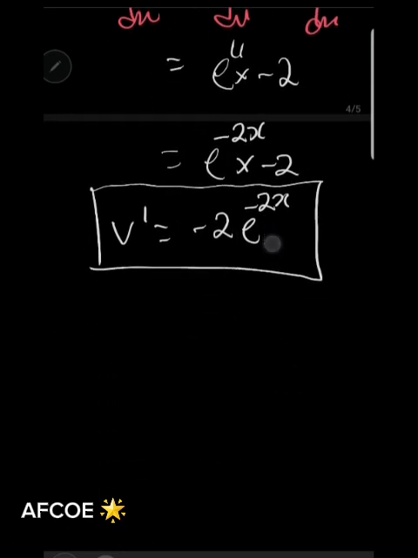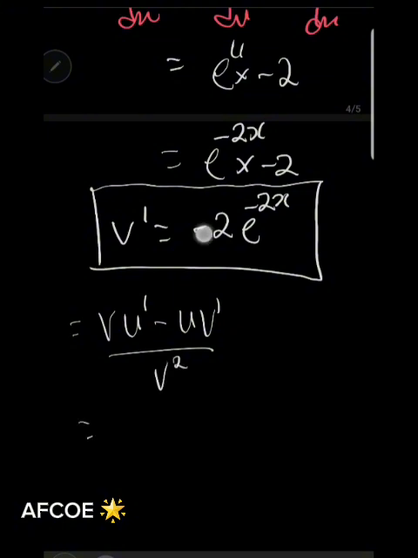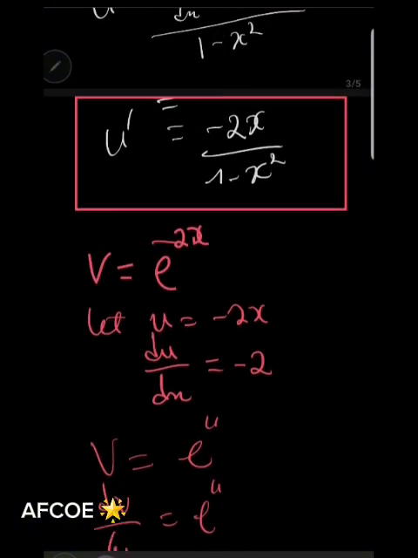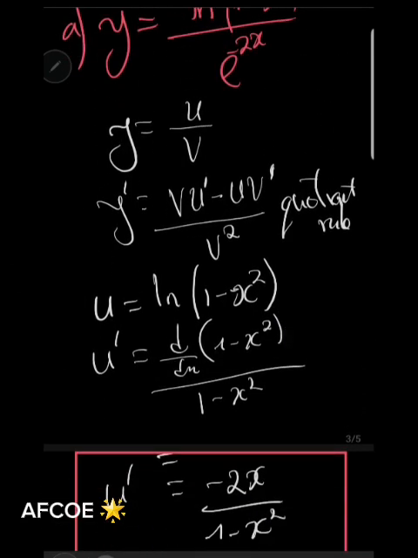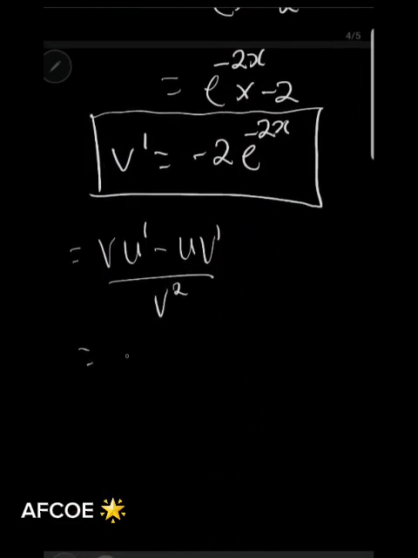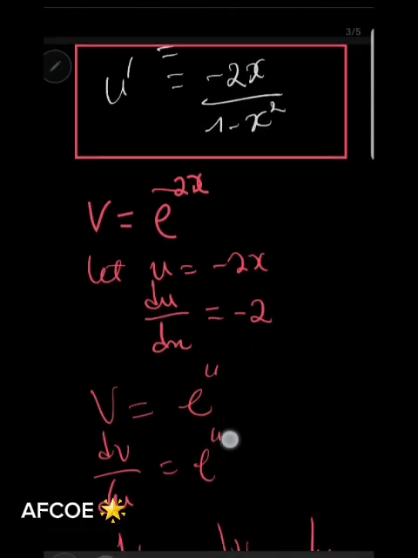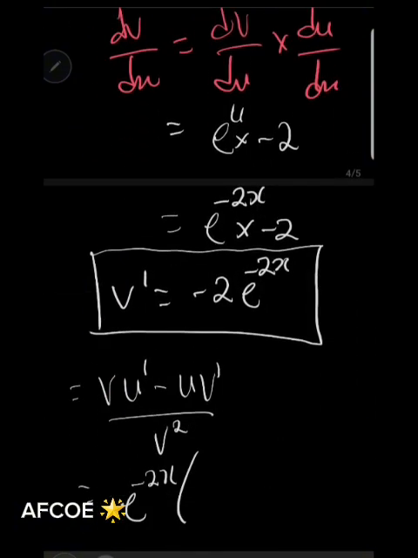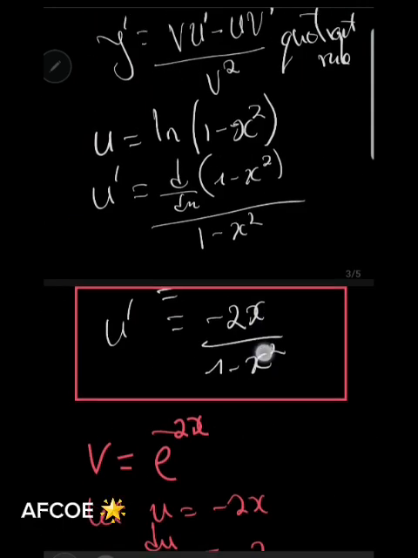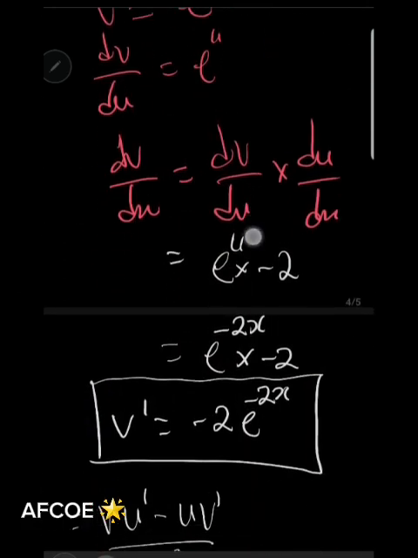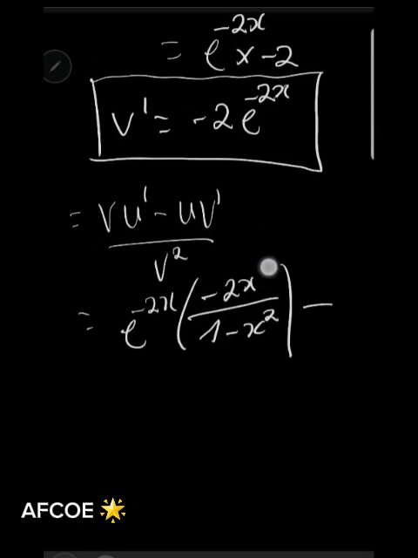So now we already know all to substitute. We just substitute in our v u prime minus u v prime all on v squared. Our v is simply e to the negative 2x, so e to the negative 2x, and our u prime is simply what we boxed here, negative 2x on 1 minus x squared, minus our u.